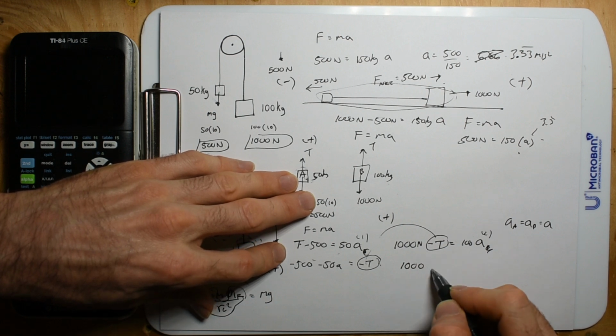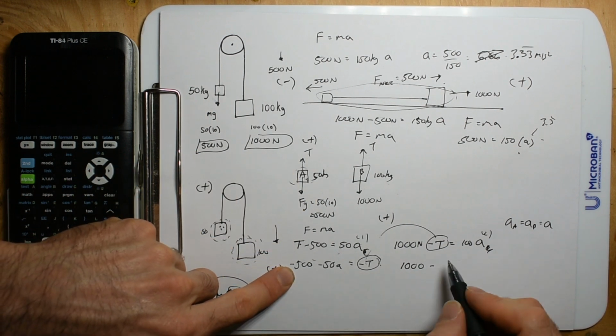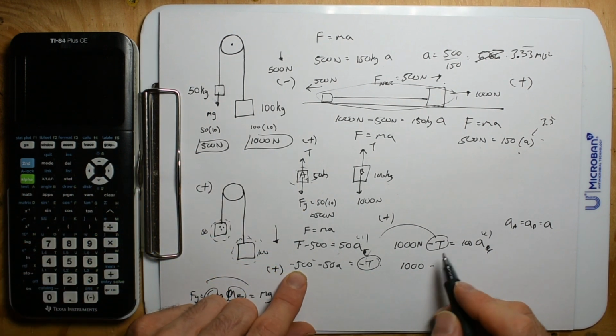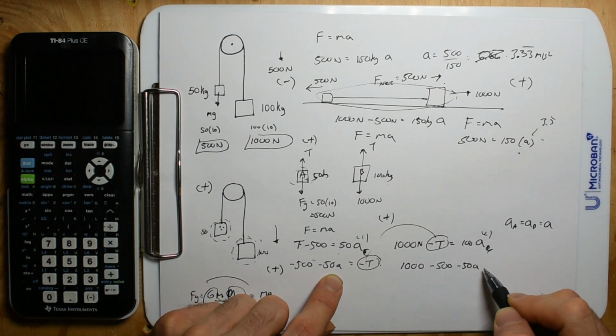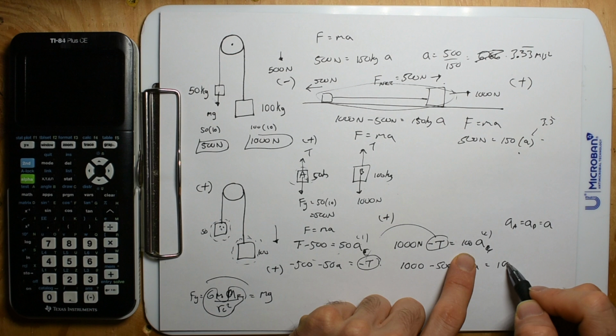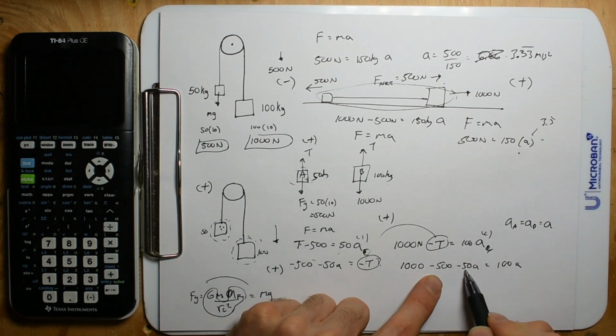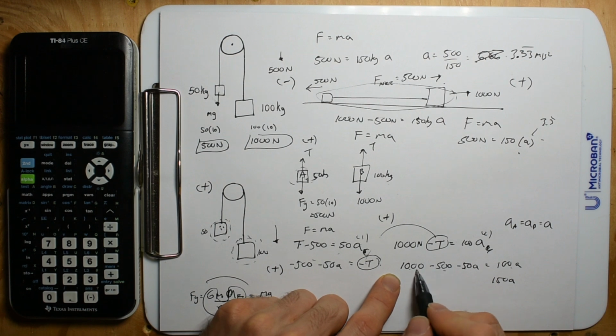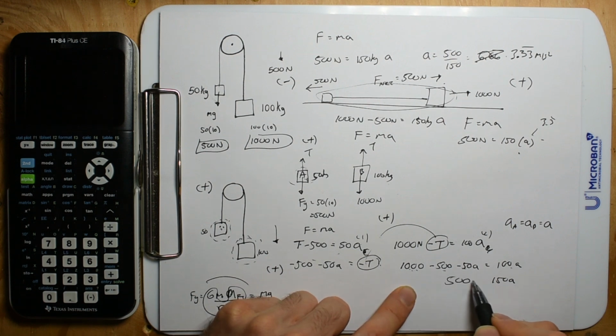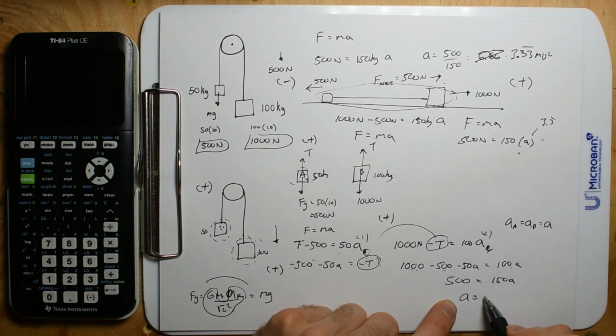So here we have 1,000 minus 500 minus 50a is equal to 100a. Now we bring this 50a over, we get 150a, and subtract these two to get 500. So a is 500 divided by 150, and we get that classic 3.3.